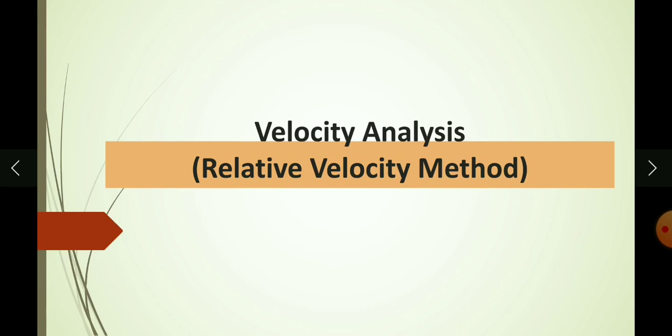As far as this course is concerned, we'll be discussing the methods to draw or to find the velocity of various points in a mechanism, and also finding the acceleration of various points in a mechanism.